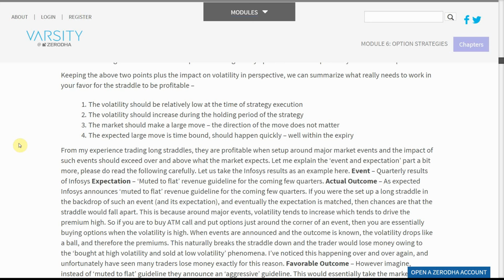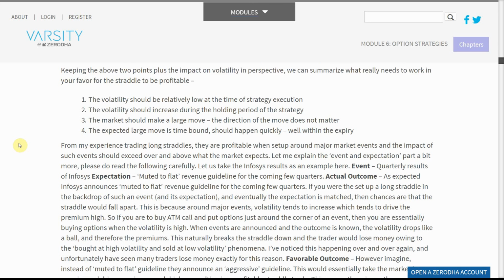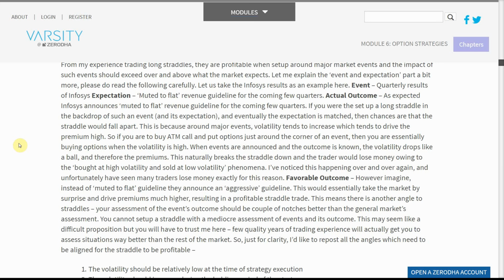If you were to set up a long straddle in the backdrop of such an event and its expectation, and eventually the expectation is matched, then chances are that the straddle would fall apart. This is because around major events, volatility tends to increase, which tends to drive the premium high.